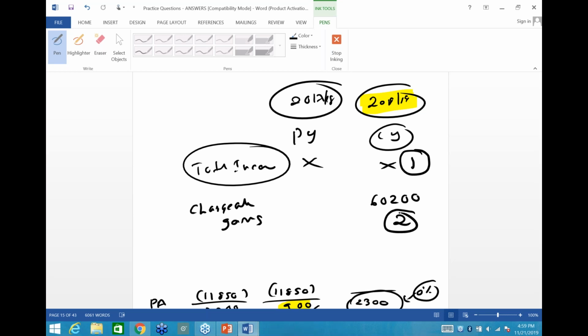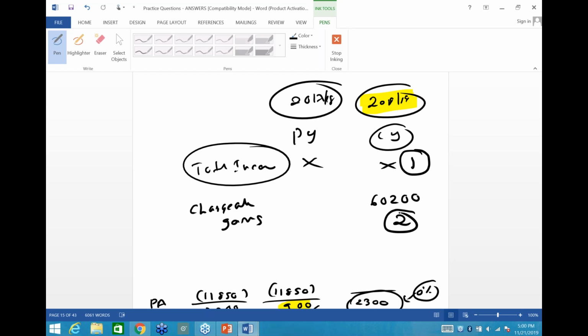So if you want to set off your trading losses against the current year chargeable gain, first you must set off your trading losses against the total income of the current year. Then only you can set it off against the chargeable gains of the current year.